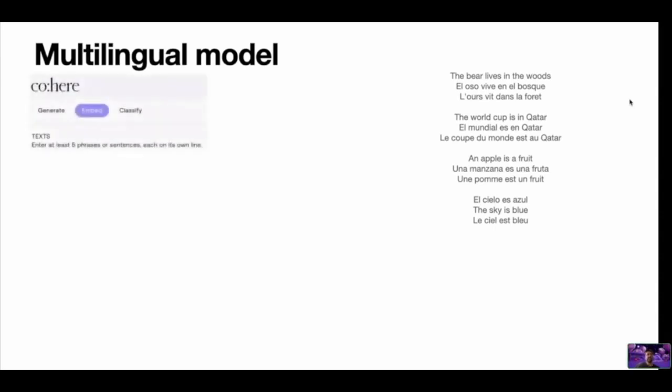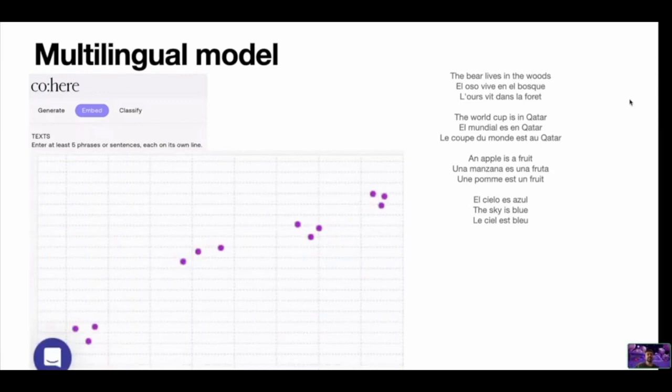I used the Cohere embed model to embed them, not the regular model, but the multilingual model. The regular model will have them far away, but the multilingual model puts them pretty close. The bear sentences are here, the soccer ones are here, the apple ones are here, and the sky is blue ones are here.